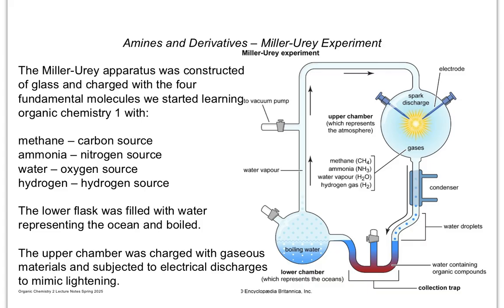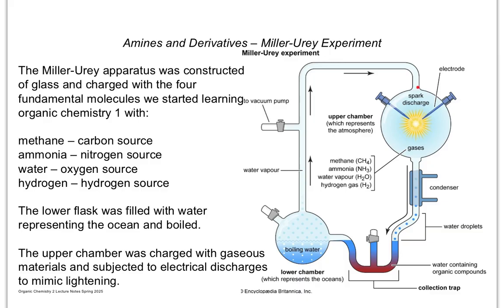So this is a schematic of that experiment. And so it's primarily a glass apparatus. And let me point some things out here. So in this lower left flask, there's water. And so that's meant to represent oceans. And so that can be heated.